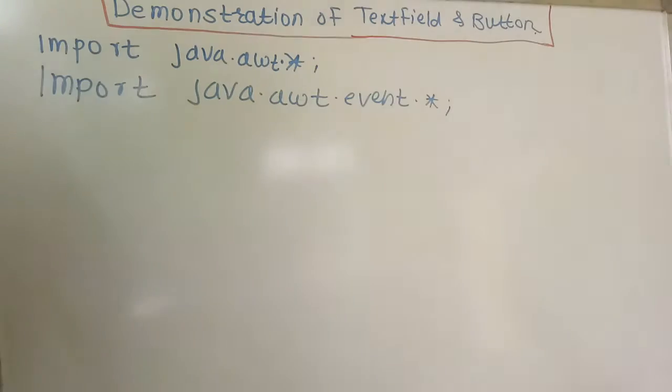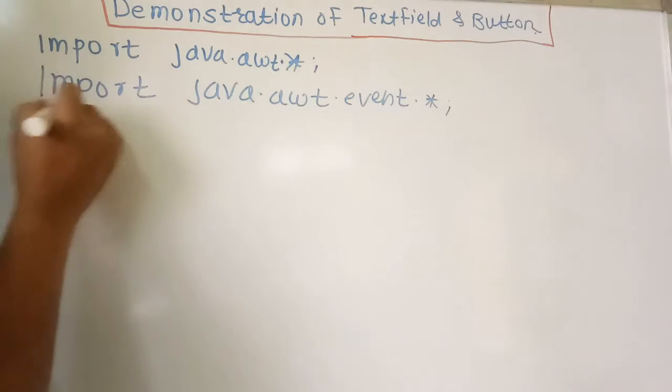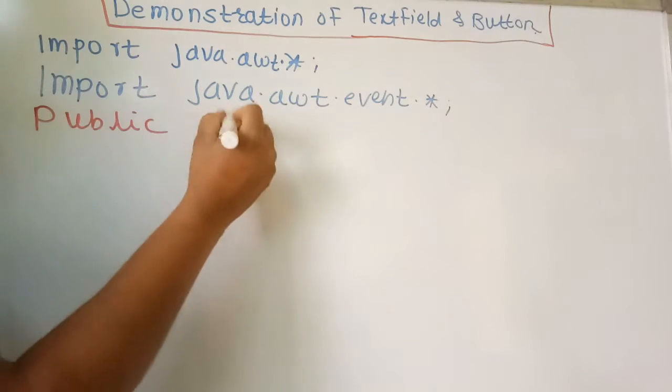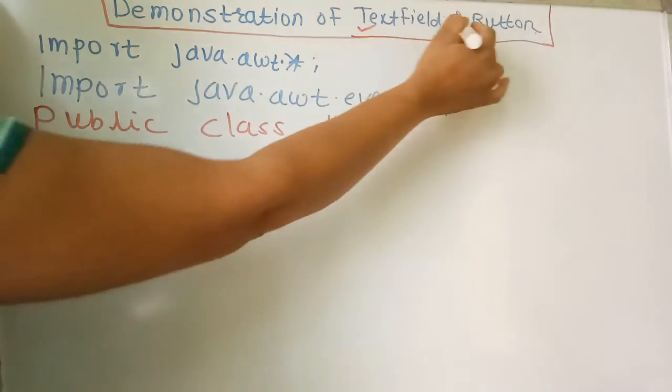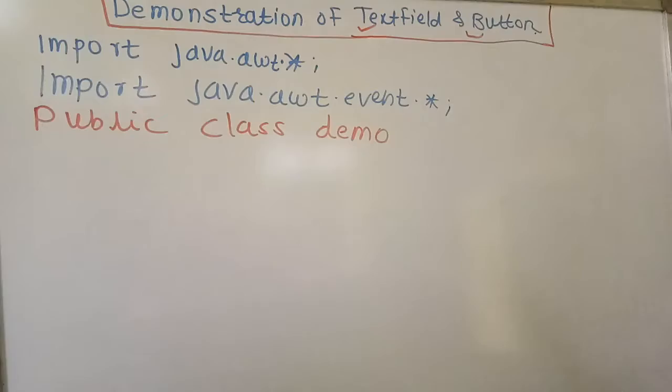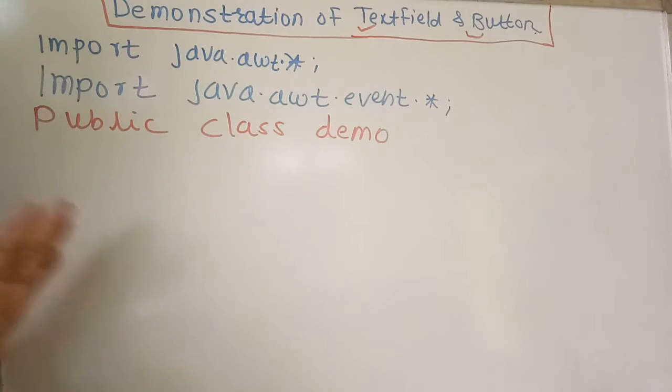Next, we will create one class, suppose public class Demo, which will demonstrate the text field and button. So we will create one class and take the fields necessary to design the GUI.